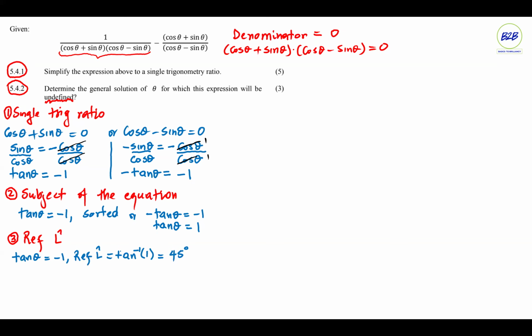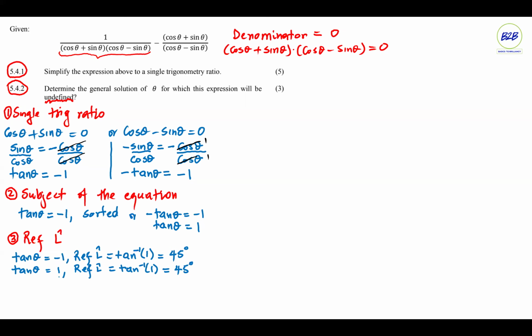Right. Then in the second equation, we have tan theta is equal to 1. And then our reference angle is going to be shift tan, which is the inverse of tan, and then substitute 1. We have only 1 there. So this is equal to 45 degrees.